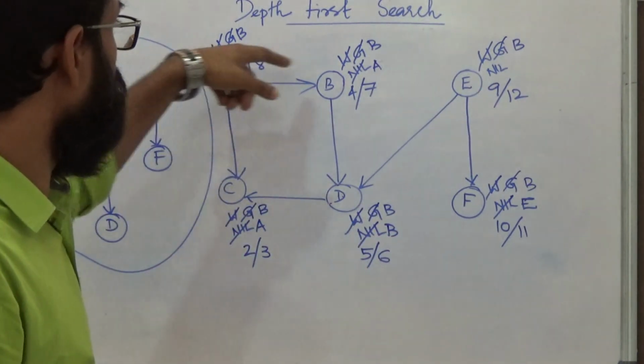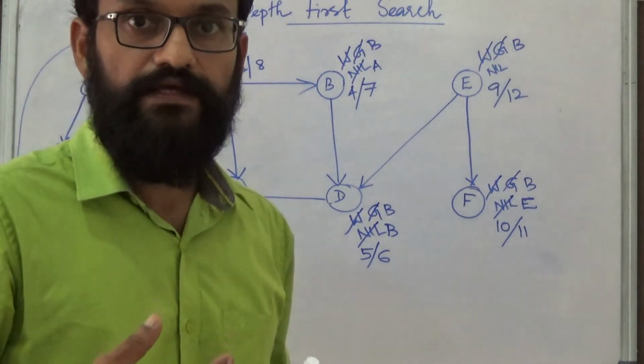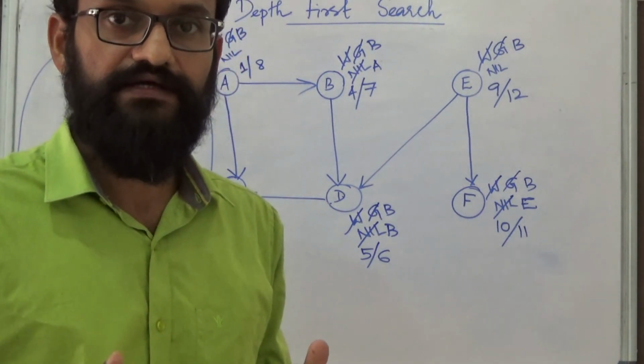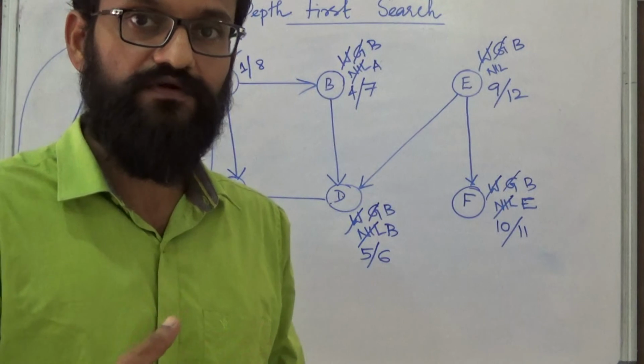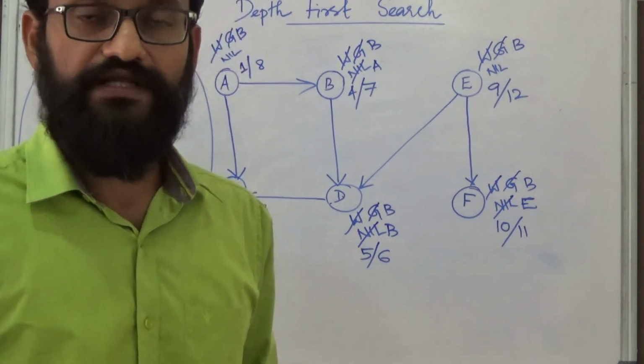Then you can pick either A or B. So this algorithm generates different depth first forests depending upon the order in which you are selecting the nodes for traversal.